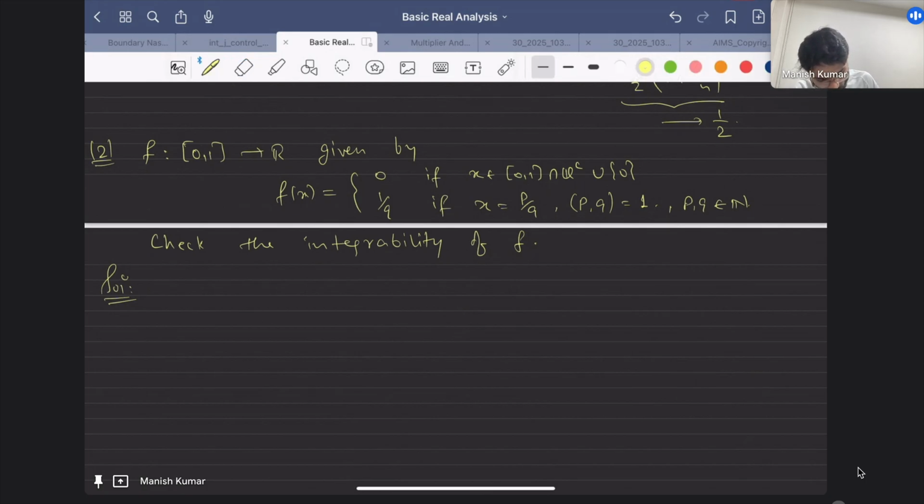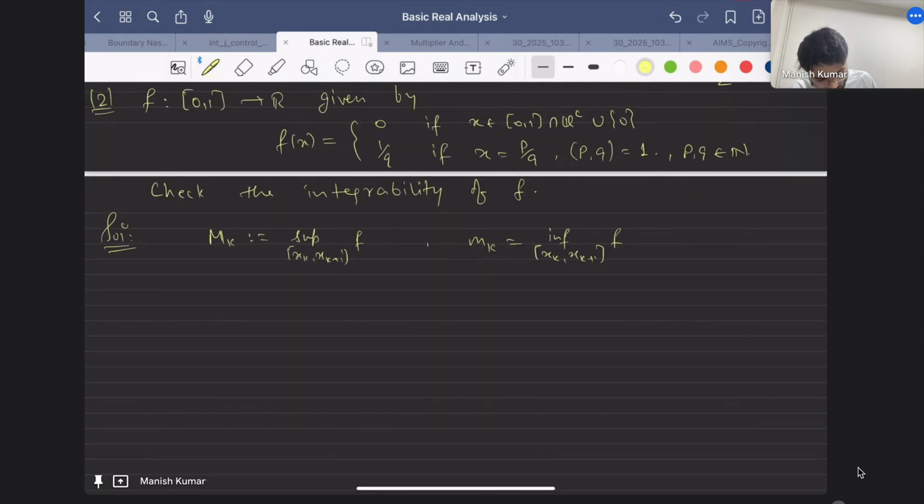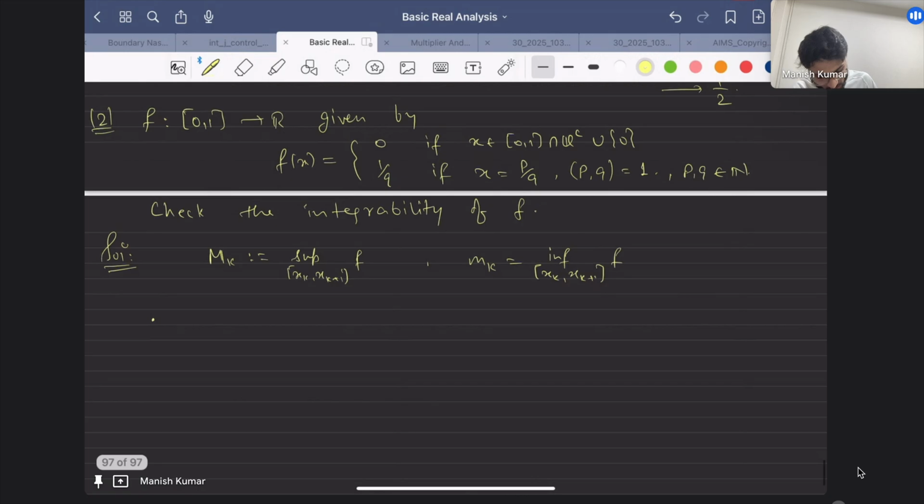Let's say I'll use this notation: Mk to denote the supremum of f over xk to xk plus 1, and mk I'll denote by the infimum over xk to xk plus 1 of f. Now let P be any partition, 0 equals x0, x1, up to xn equals 1.